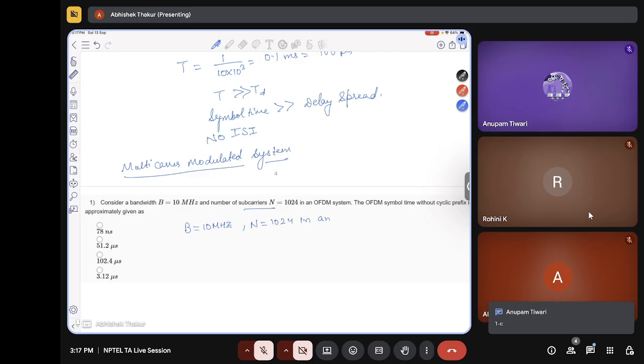The OFDM symbol time without cyclic prefix, we'll also see about cyclic prefix later on, is approximately given as. What is being asked in this question is Ts, the symbol time.